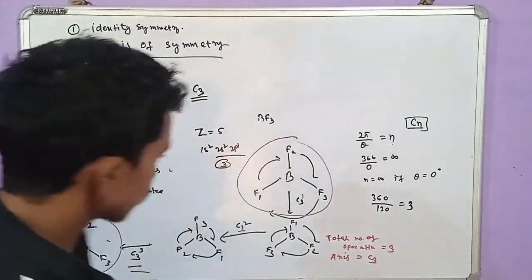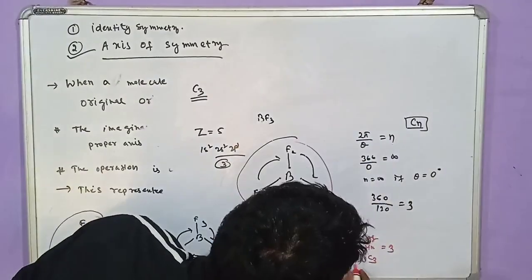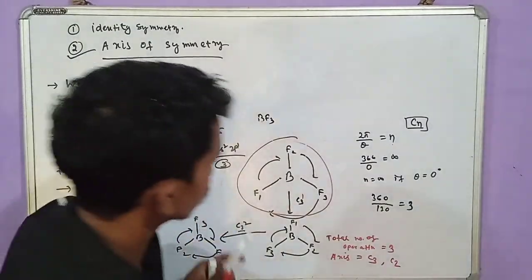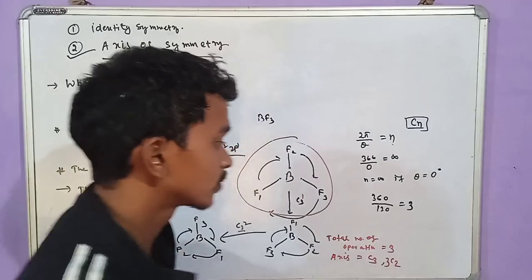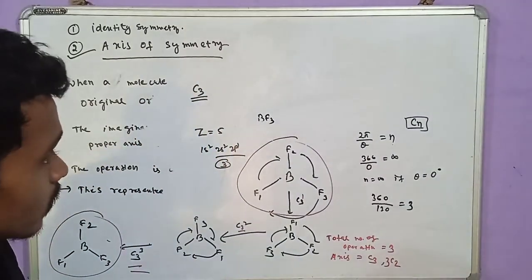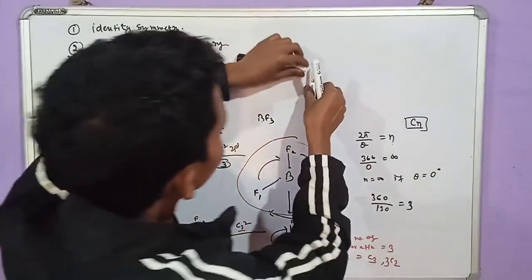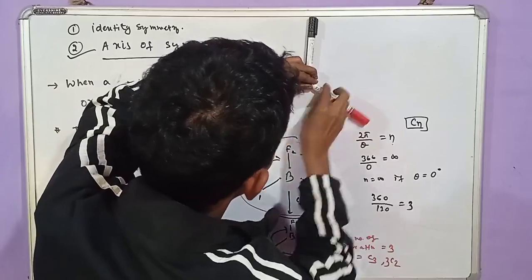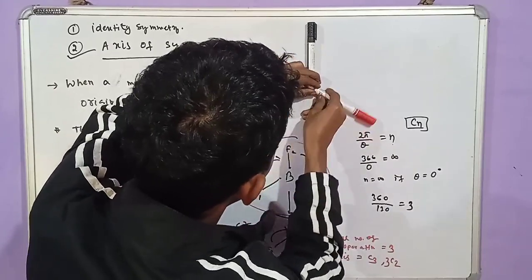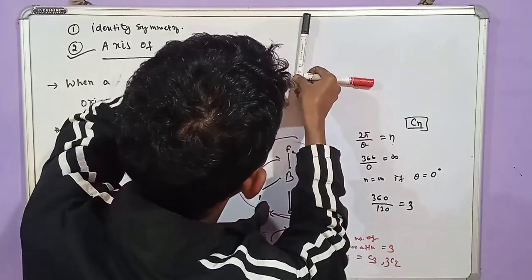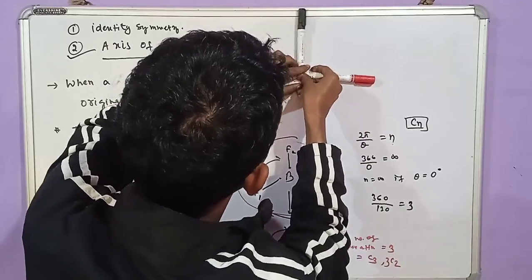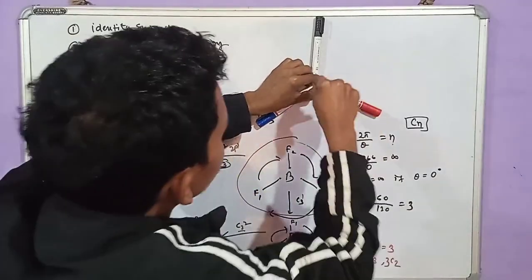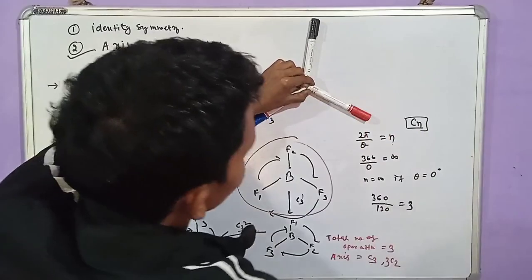And if you notice that, first I will write, another is C2 is present, and how many C2? 3 C2. And if you notice that, for this case C3 is passing here like this, and C2 is here.